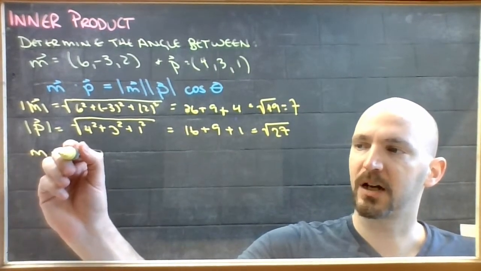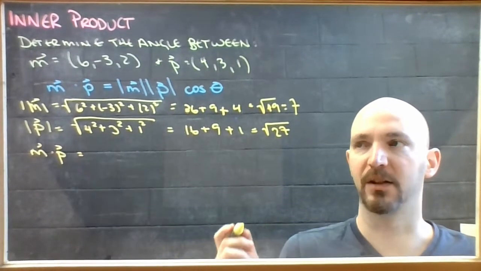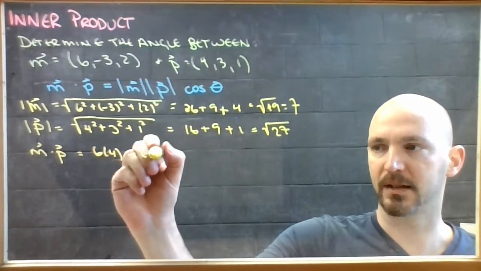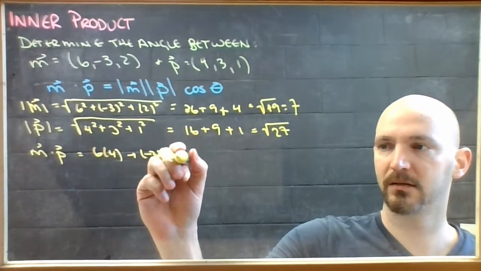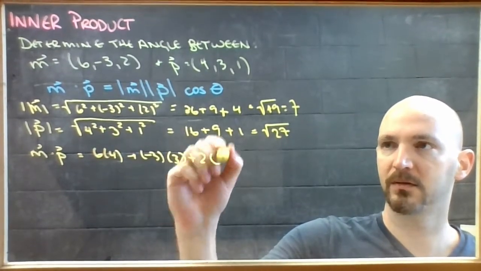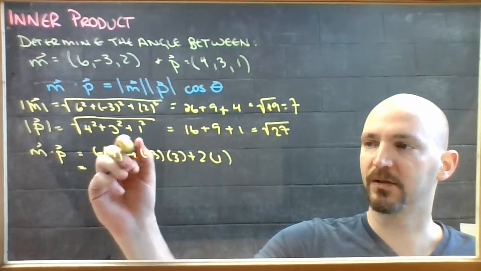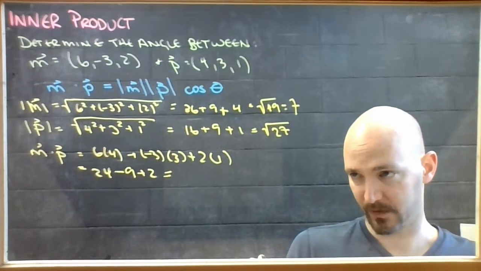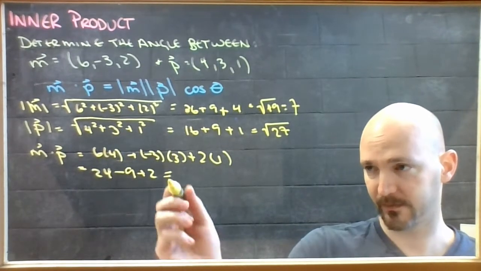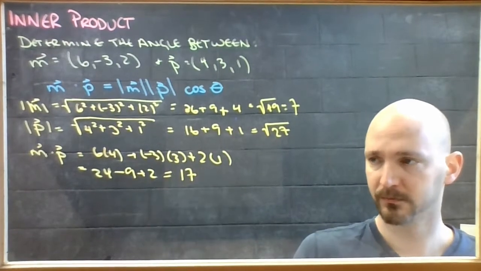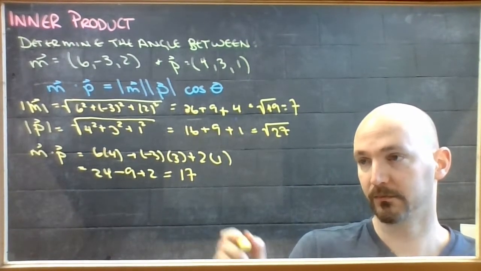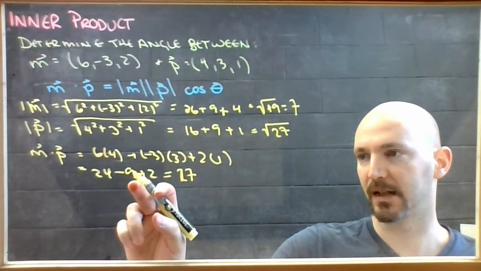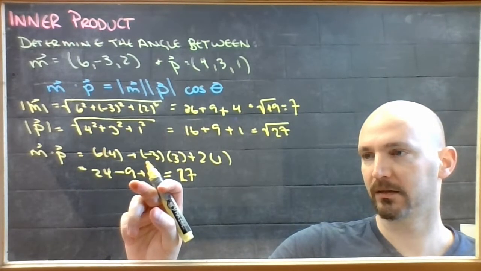And m dot p, if I execute this manually, will be 6 times 4 plus negative 3 times 3 plus 2 times 1, which is 24 minus 9 plus 2. 24 minus 9 would be, no, I was right.